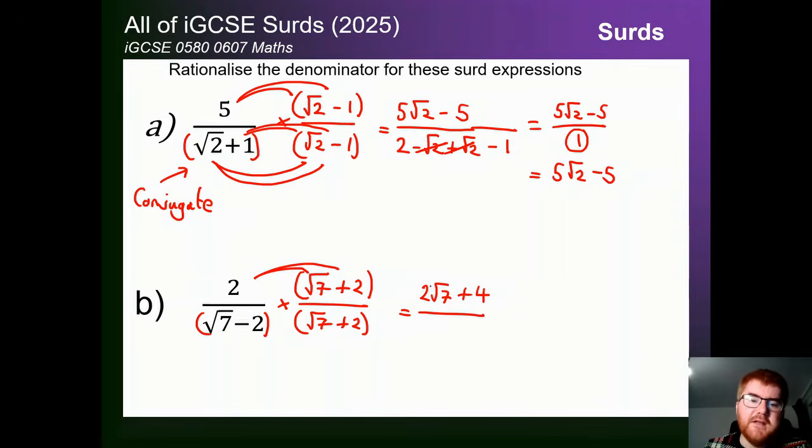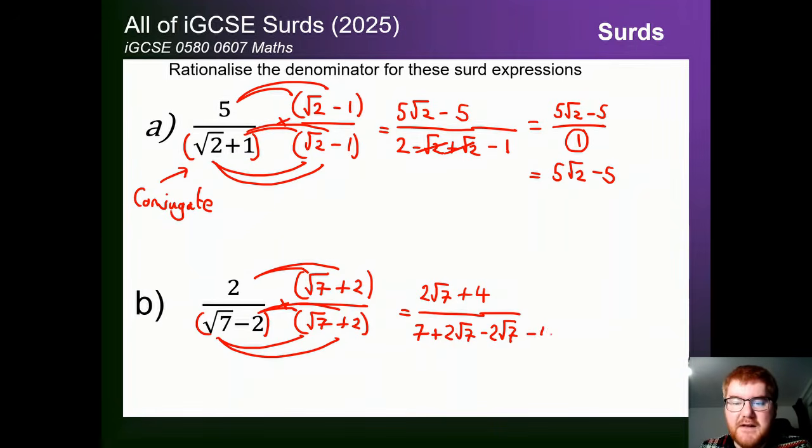And then on the bottom here, again we use our first, outside, inside, last. Root 7 times root 7 is 7. Root 7 times plus 2 is 2 root 7. Minus 2 times root 7 is minus 2 root 7. Notice these cross terms are always going to cancel. And then minus 2 times plus 2 is equal to minus 4.